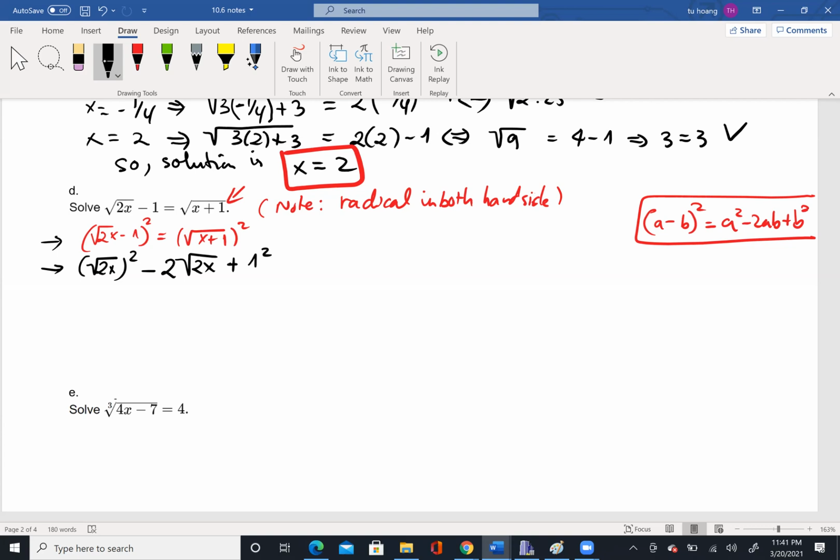That is for the left hand side right now. For the right hand side, you are just having x plus 1 because the square root and the square just eliminate each other.